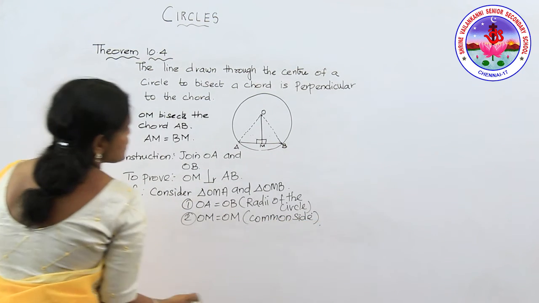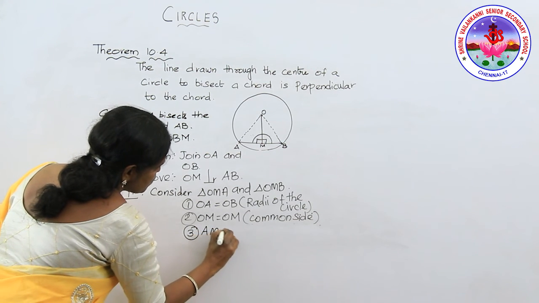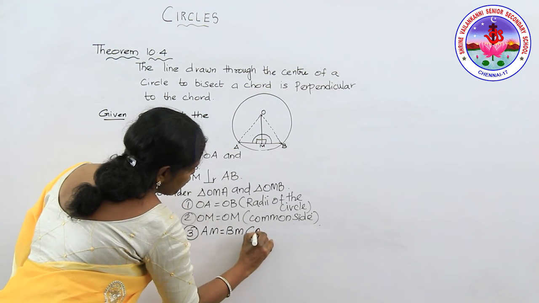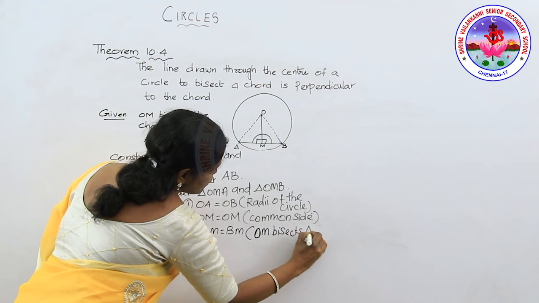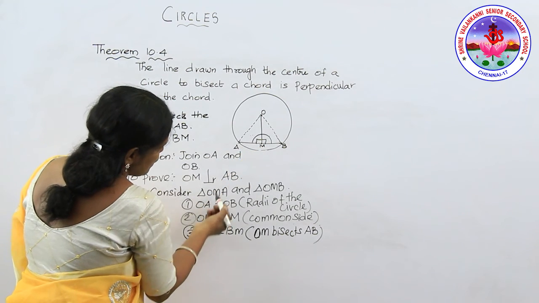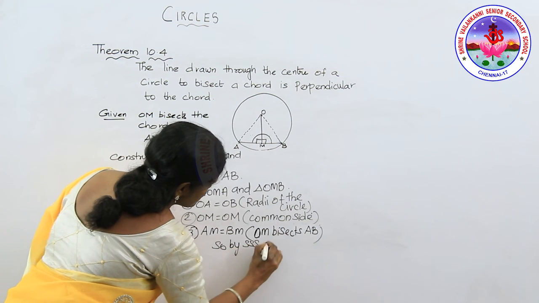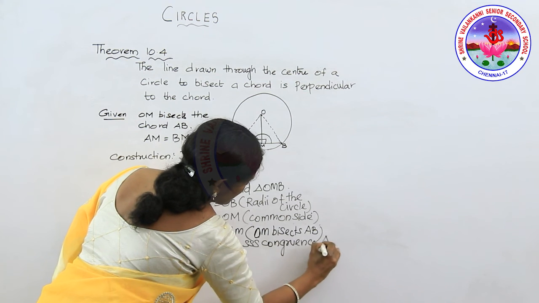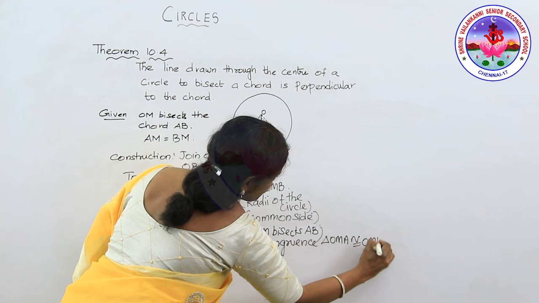The third one, I can take AM is equal to BM because it is given that the line OM bisects AB. So I find that the three sides of the related triangles are equal to each other, so I can use SSS congruence. Triangle OMA is congruent to triangle OMB.